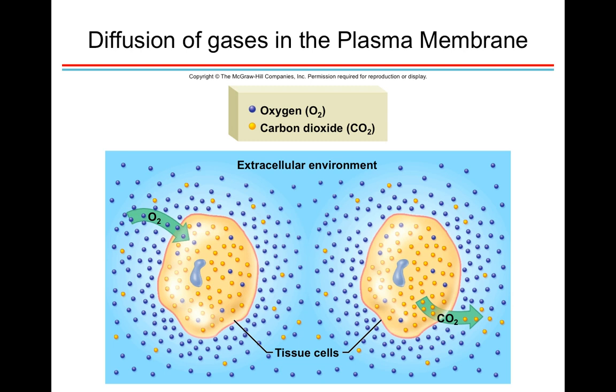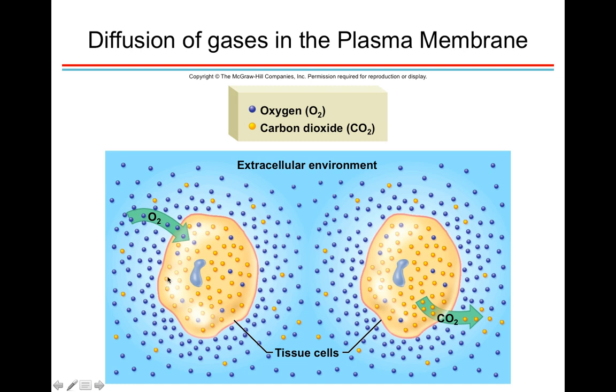One example in our cells where we have complete movement of a molecule across our plasma membranes is with gases. We see this with, for example, oxygen and carbon dioxide.